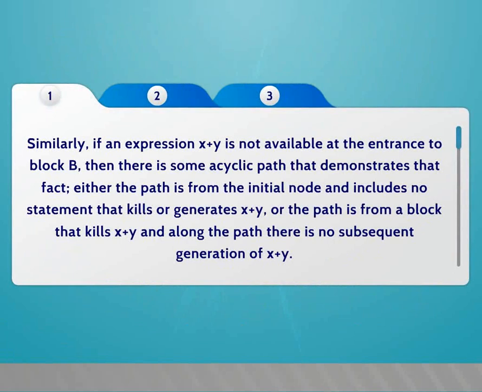Similarly, if an expression x plus y is not available at the entrance to block B, then there is some acyclic path that demonstrates that fact. Either the path is from the initial node and includes no statement that kills or generates x plus y, or the path is from a block that kills x plus y and along the path there is no subsequent generation of x plus y.